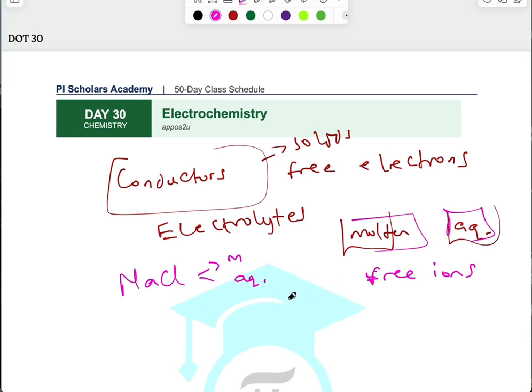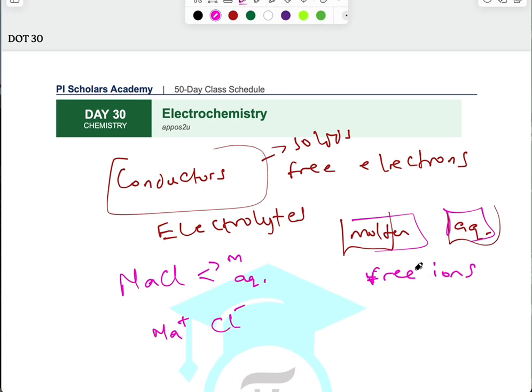And in that situation, according to Arrhenius' ionic theory, this NaCl will exist as Na+ and Cl-. You can pick any other electrolyte as well; this is how they will exist in the molten and the aqueous state. We have free ions, and these are the ones responsible for carrying electricity around.